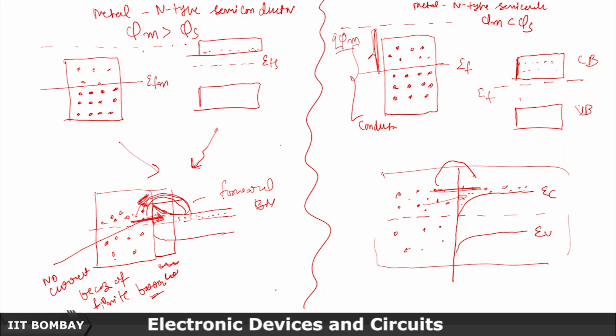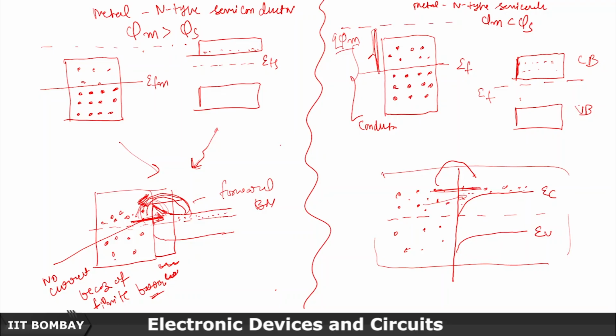If you see that electrons cannot overcome this barrier, but what if we reduce the size of this barrier, right? If we make it thinner than this W. As I said, even if you apply the voltage in either direction, this cannot be changed.